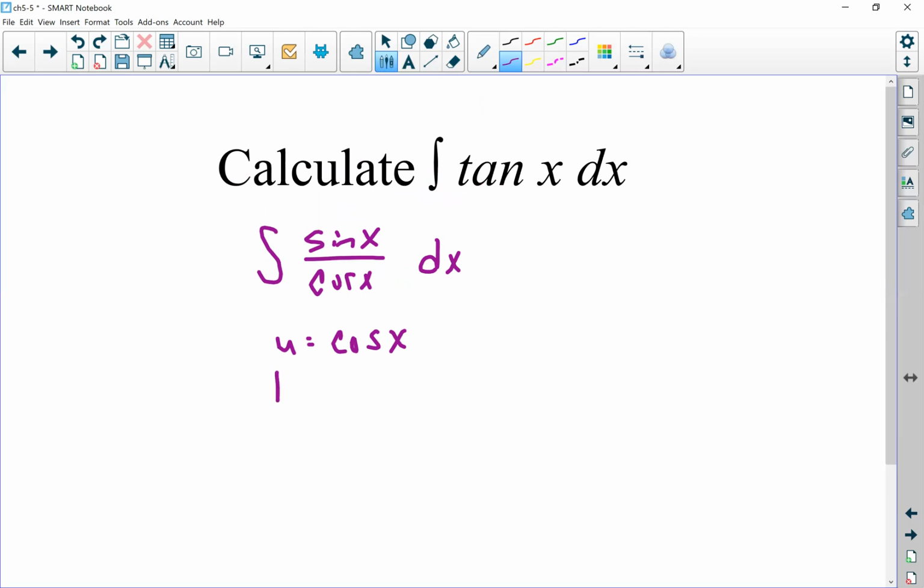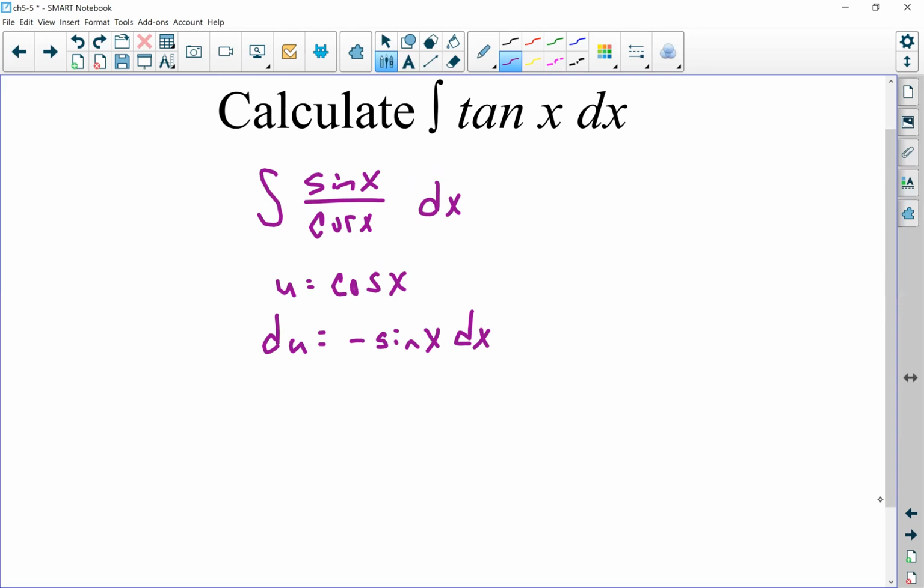Then taking the derivative, du is equal to negative sine x dx. Again, I have sine x dx.